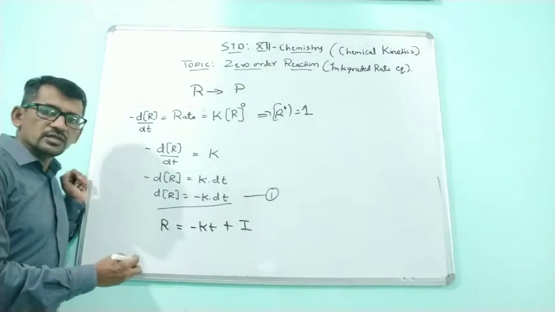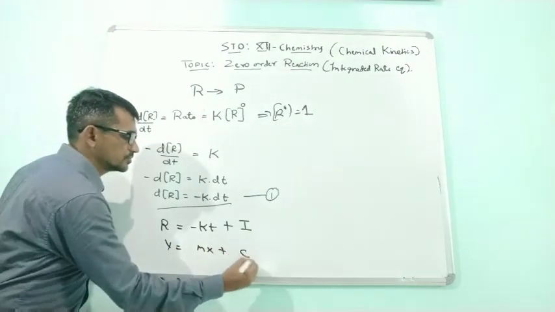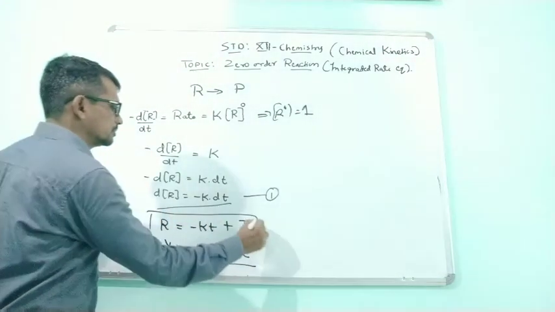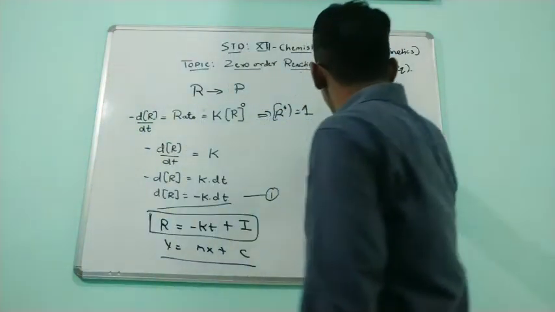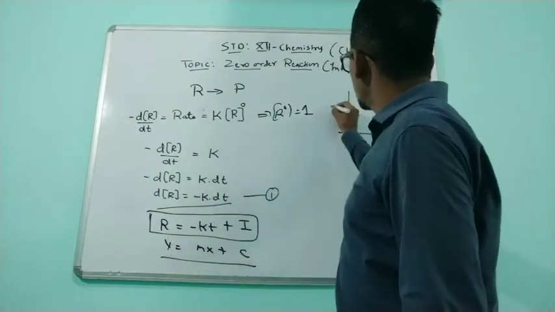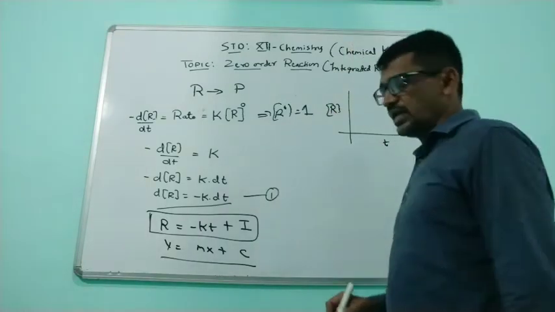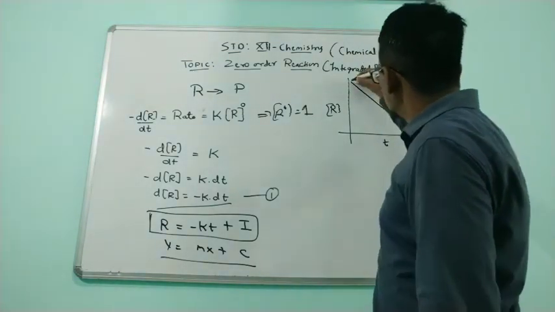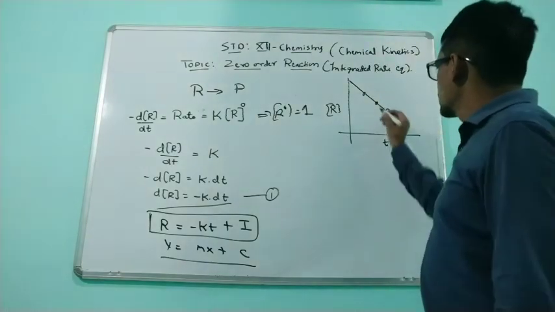This equation is nothing but the equation of a straight line, y is equal to mx plus c. Remember this equation. If you plot the graph of reactant concentration against time interval, it will give a straight line with a decreasing slope.